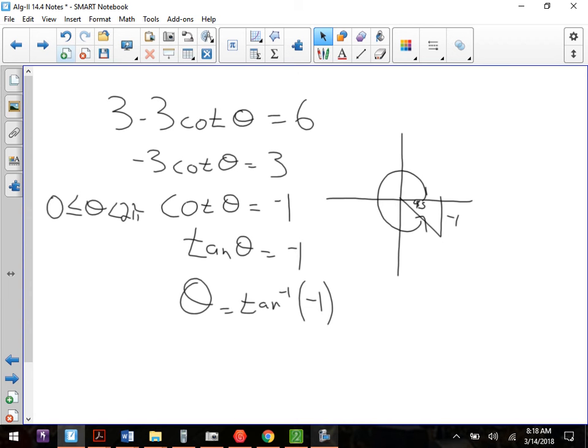Right, 7 pi over 4. So here I'm at 7 pi over 4. And where else is tangent negative? Second quadrant. In the second quadrant, I'm up a fourth, which means I'm at 3 pi over 4.